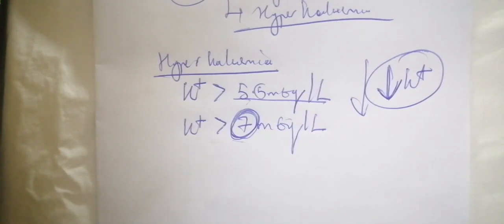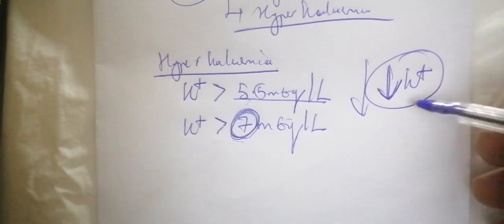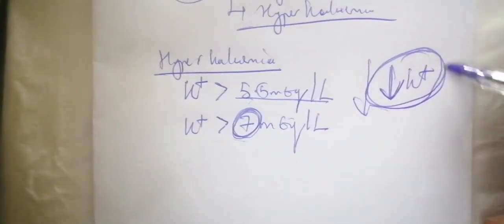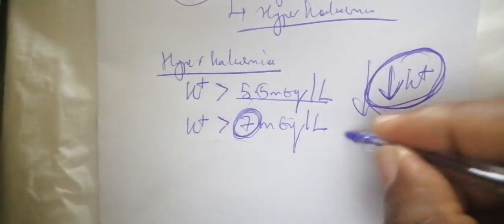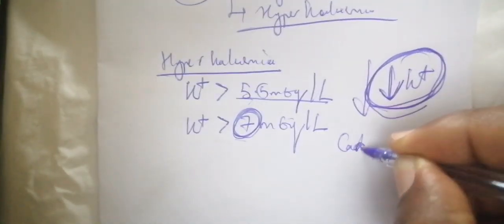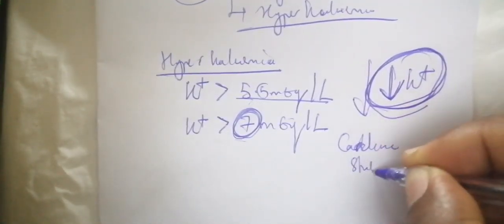That is why every time that you have a high potassium level, you should do an ECG. After doing an ECG, you have to visualize if there is an arrhythmia on the heart. Every time there is an arrhythmia of the heart associated with the potassium level, your first line management should not be the reduction of the potassium level, but instead cardiac stabilization.